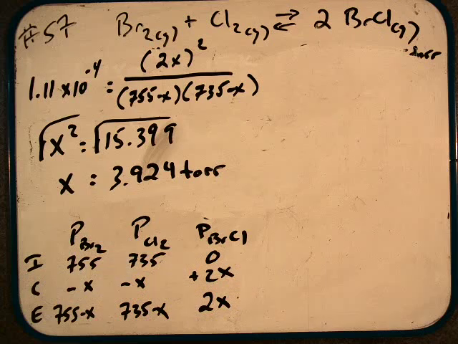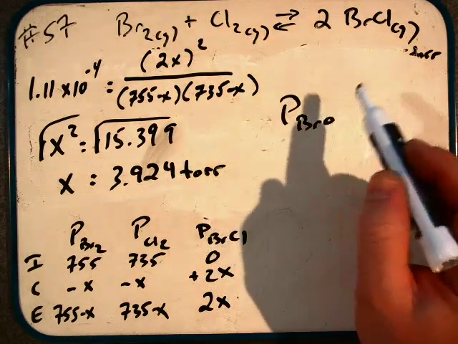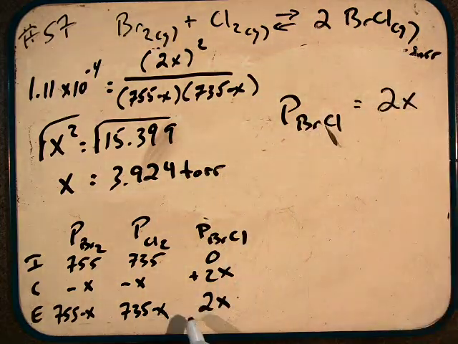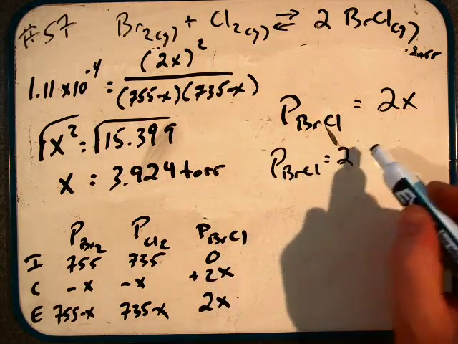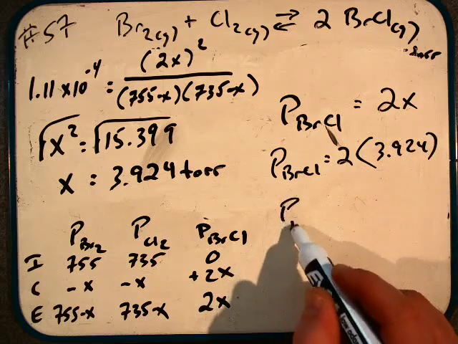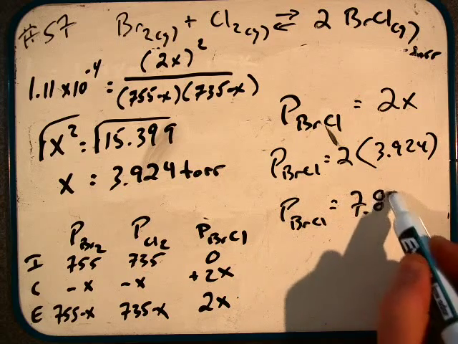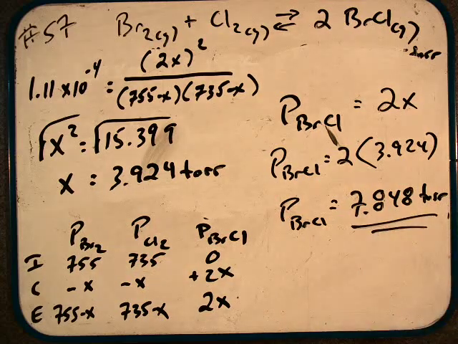So that is our x value, 3.924 torr. And if we're trying to determine that pressure of BrCl, remember that that is equal to 2x. So our pressure of BrCl would equal 2 times 3.924, or 7.848 torr. And that is our answer.